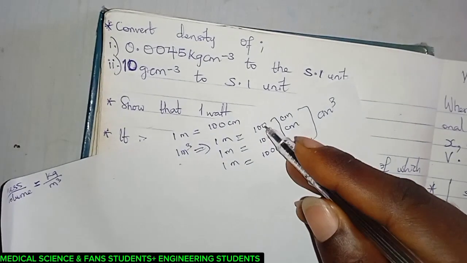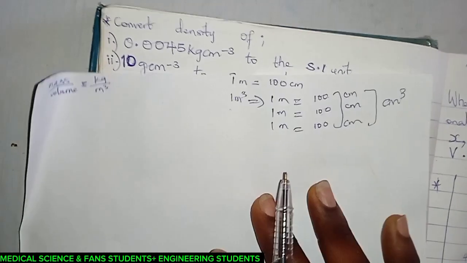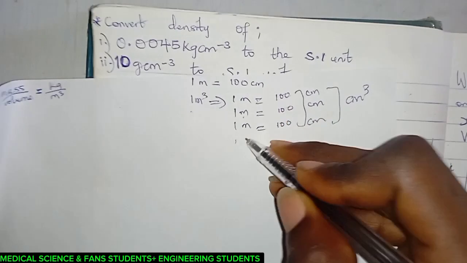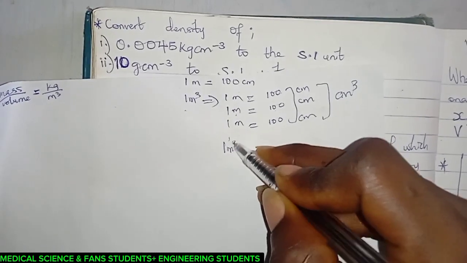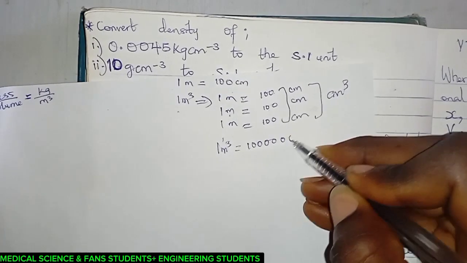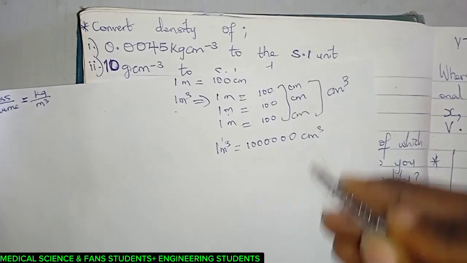So 100, 2, 4, 6 zeros. So this is going to be the same thing as saying 1 meter cube equals 1, 2, 3, 4, 5, 6, 7 digits.